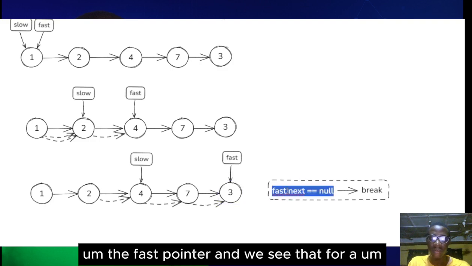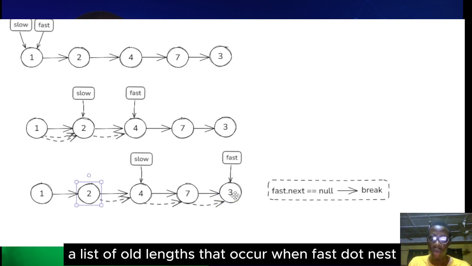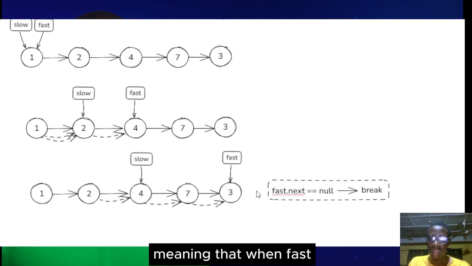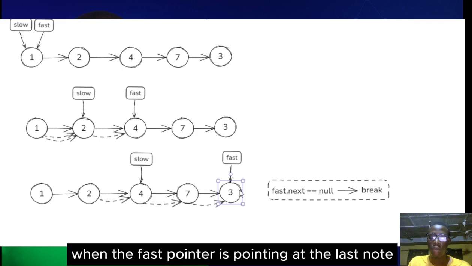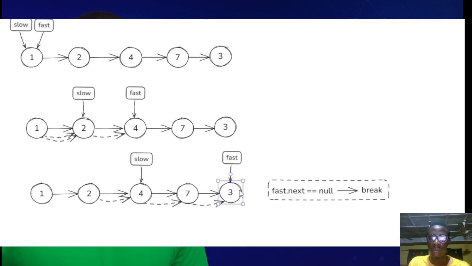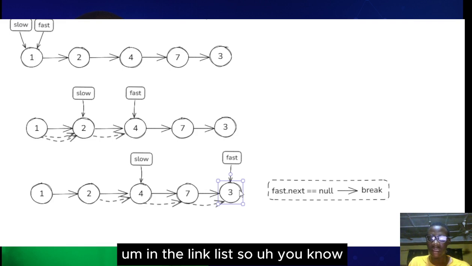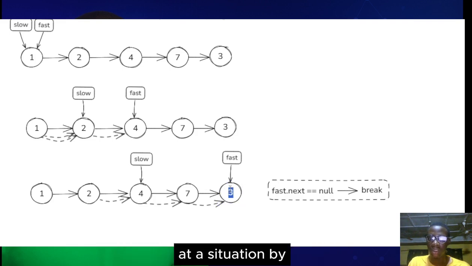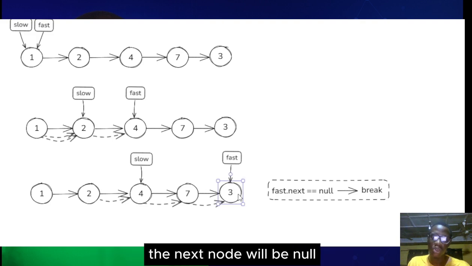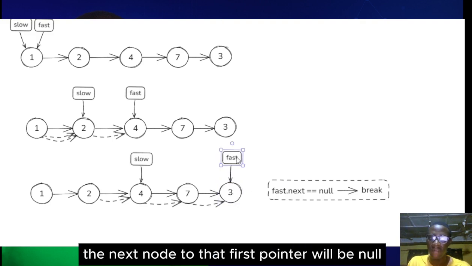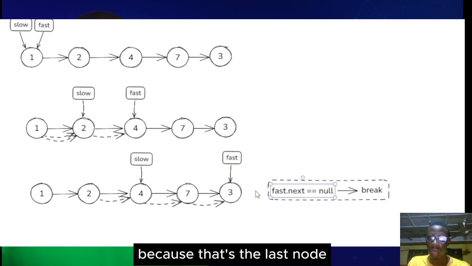And you see that for a linked list of odd length, the loop breaks when fast.next is equal to null, meaning that the fast pointer is pointing at the last node in the linked list. In a situation where the fast pointer is pointing at the last node, the next node to that fast pointer will be null, because that's the last node, so it has no next node.